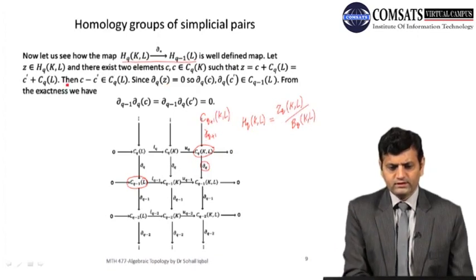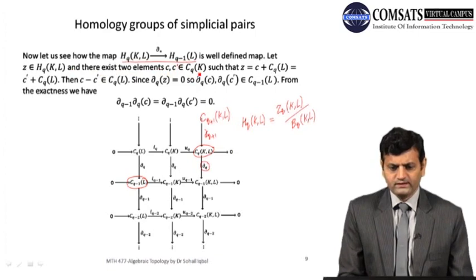Suppose Z is an element of H_q(K,L), and there exist two elements c and c' belonging to C_q(K), such that Z is equal to c plus C_q(L), which is equal to c' plus C_q(L). Why must there exist a c?